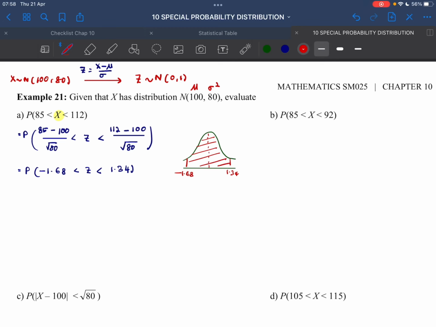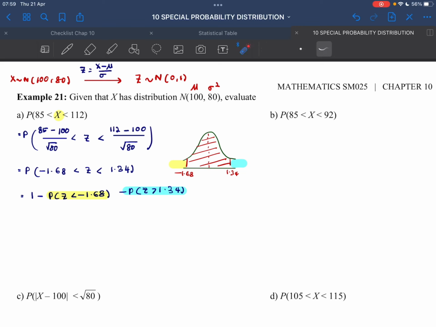So we put 1, the whole probability, minus P of Z less than negative 1.68, the one on the left, minus P of Z greater than 1.34, the one on the right. Then you get the area in the middle.